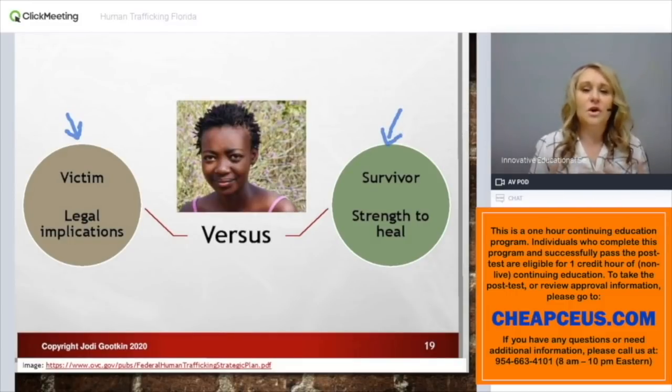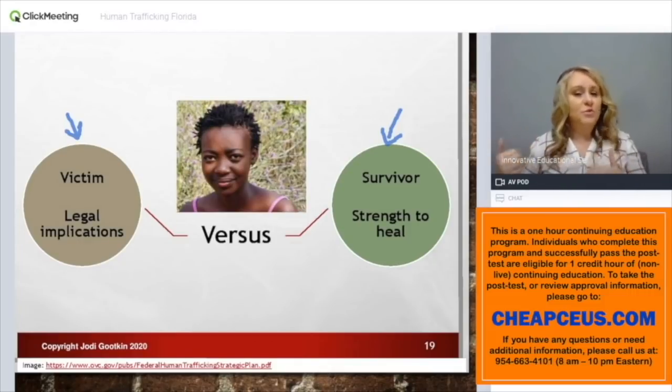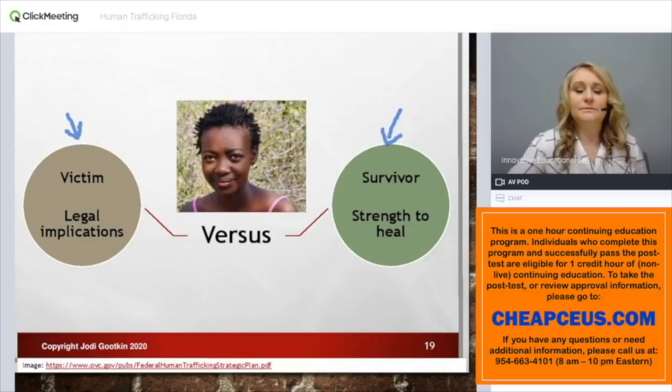That's the terminology that's often utilized in the services field in order to recognize the strength and the power that this individual has to move on that journey of healing and to get their lives back together. Thinking of this helps drive the services that are being developed for individuals to get them out of the human trafficking situation, as well as to put their lives back together.